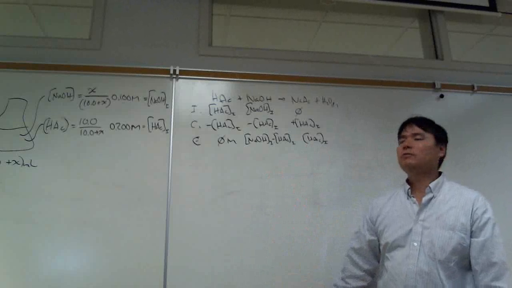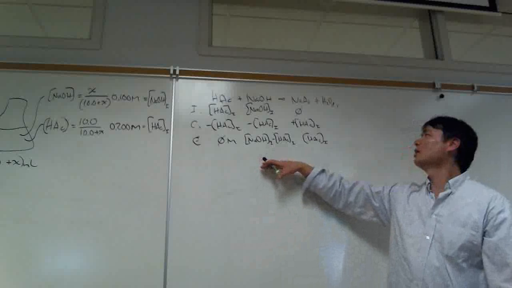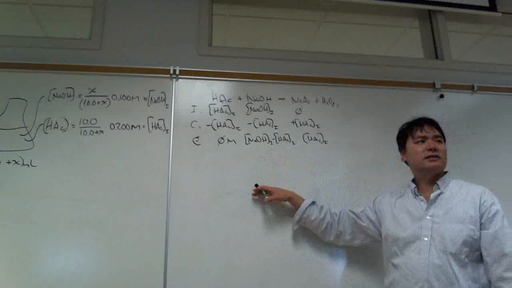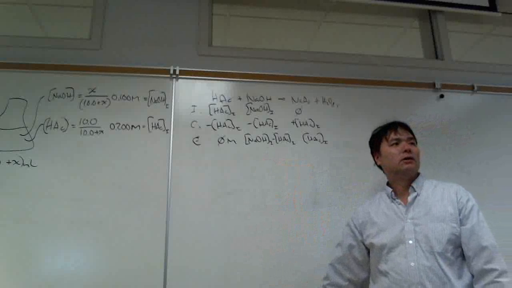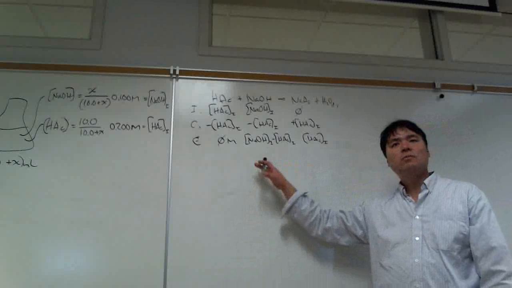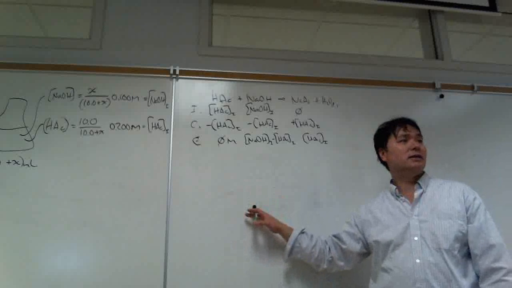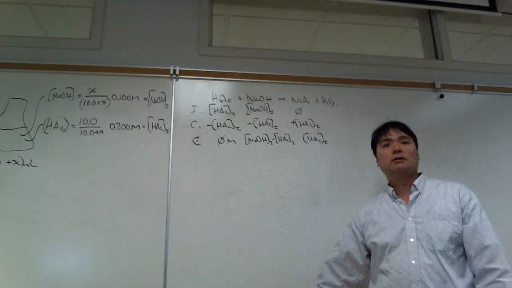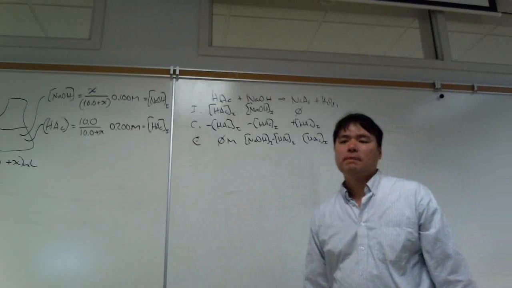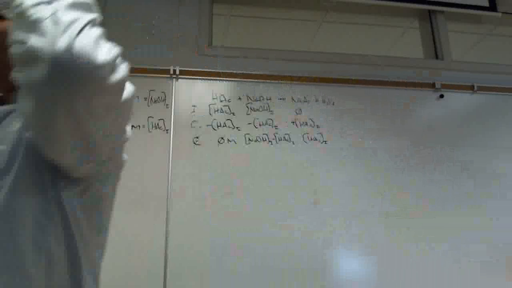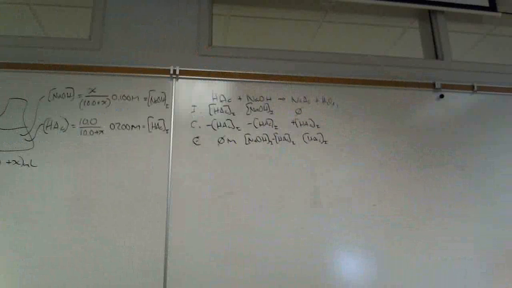And so at this point we ask ourselves, should I worry about the NaAc contributing? Should I go and set up one more ICE table and have NaAc contribute? Yes or no? No. NaAc is a pretty weak base, so it doesn't really contribute much. Yesterday, what was I doing?